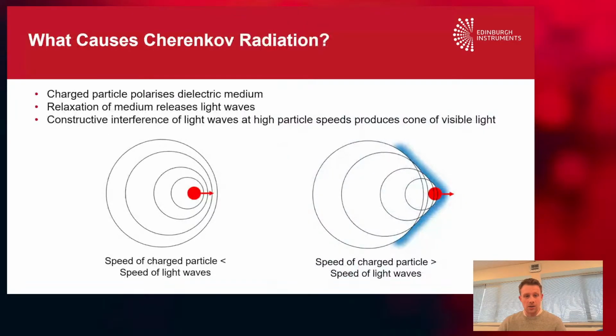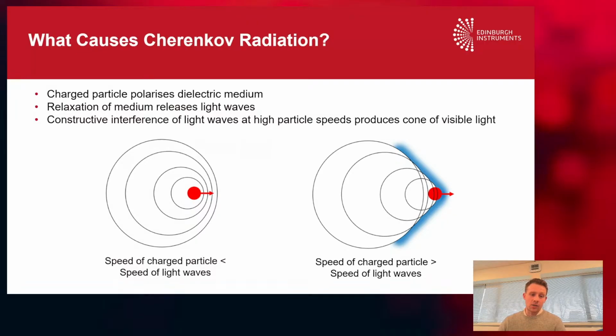So what causes this phenomenon? Well, when a charged particle moves through a dielectric medium, it's going to polarize nearby atoms into a higher energy state. When those atoms start to depolarize, they will release that energy as a series of spherical light waves.